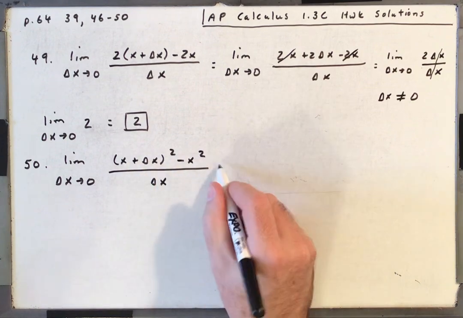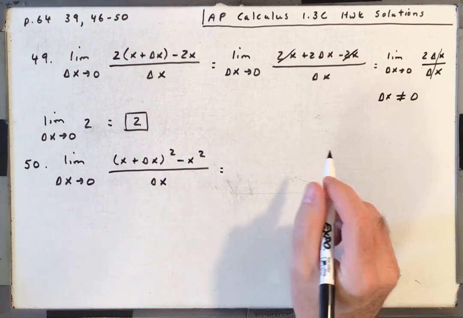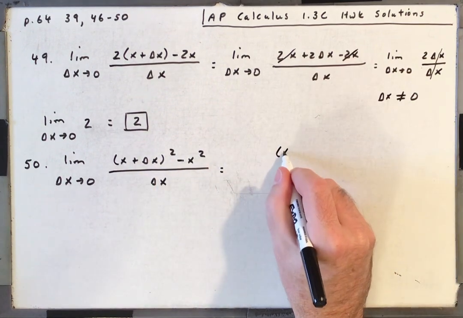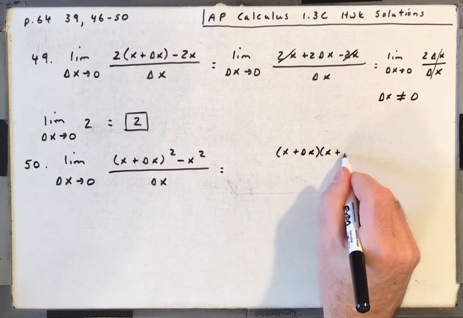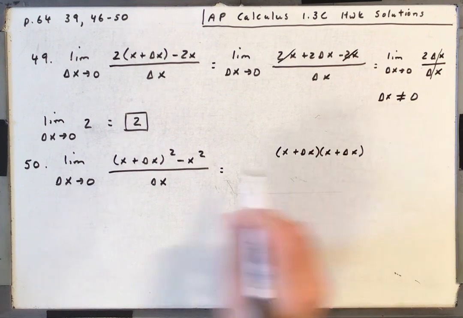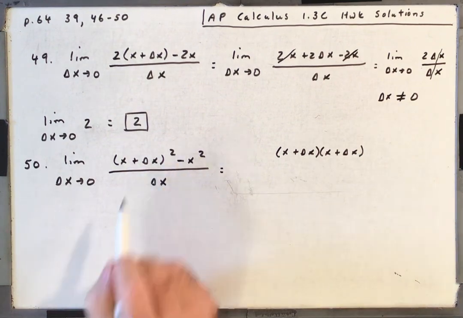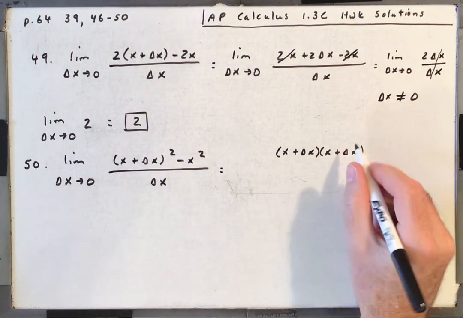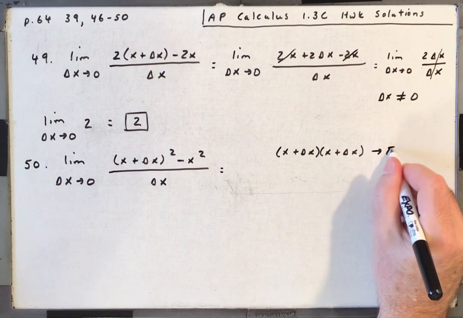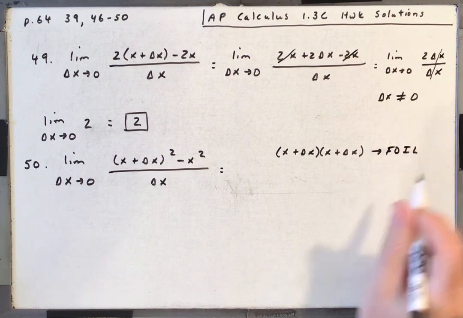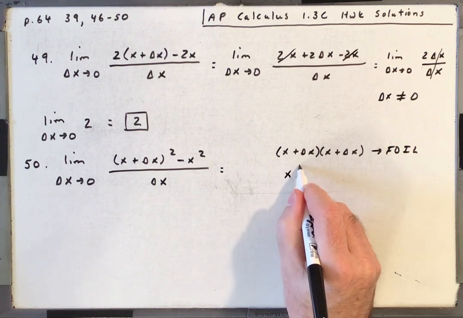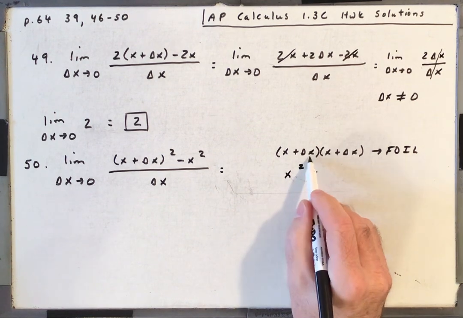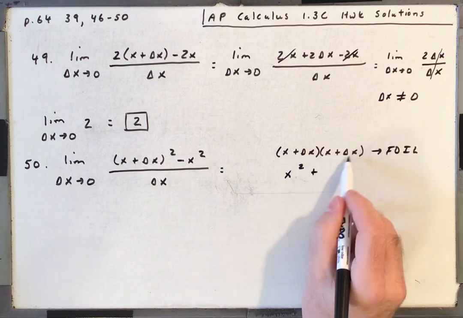Let's FOIL this out. Okay, so we're going to x plus delta x times x plus delta x. Because that's just x plus delta x all squared, right? Let's FOIL that. See if some stuff cancels. So if we FOIL that, it's x squared plus delta x times x plus another delta x times x.